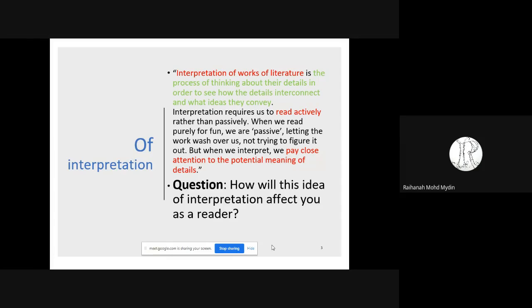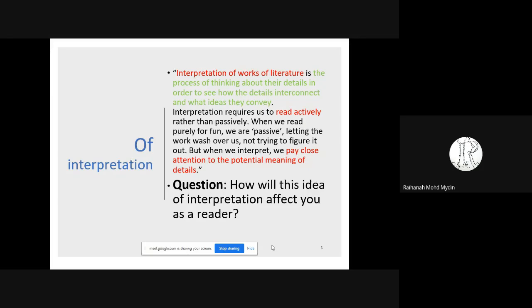So in terms of understanding the role of the reader, all of you realize how significant your role is in meaning making, in the way the text is brought to life. It's not so much the role of the writer to tell you the story, it's also the role of the reader to make sense of what the writer is trying to tell us.